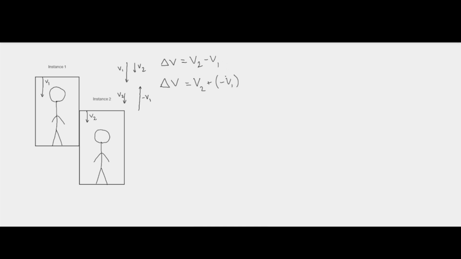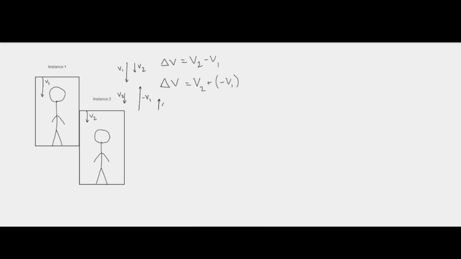This is the same. And if we just do a geometric vector analysis without any numbers, delta v is going to be the sum of these two. So it's going to be a small vector pointing upwards.